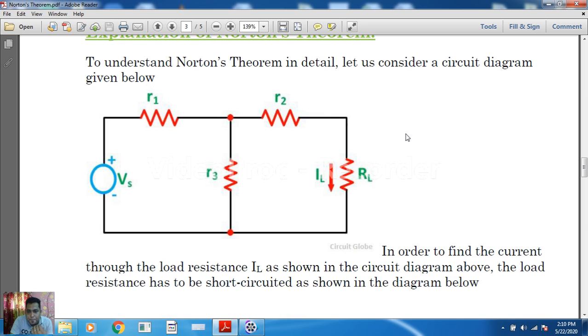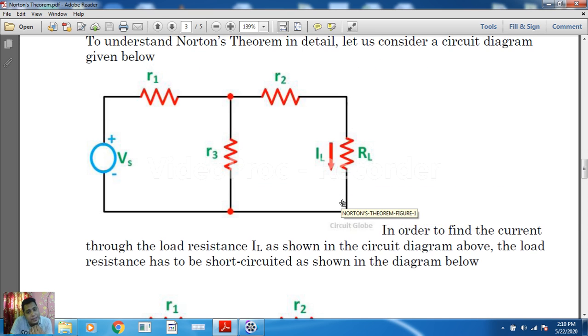See where I have marked. So this is our load resistance, correct? This is the voltage source, this is R1, there is R2, there is R3, and there is RL. And we are assuming that through RL, IL is flowing, correct?